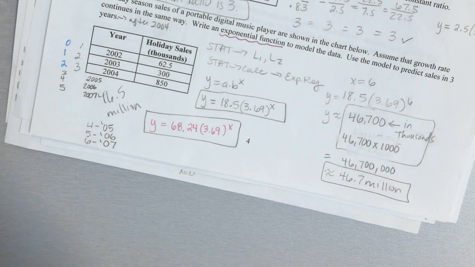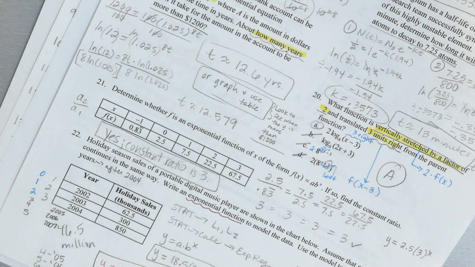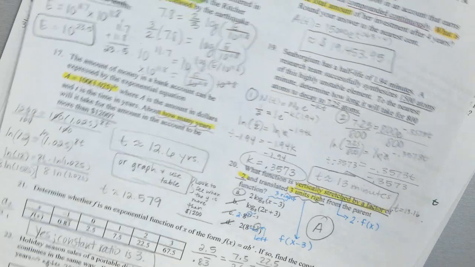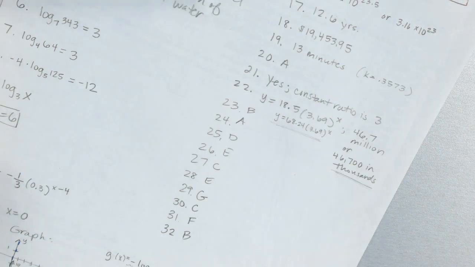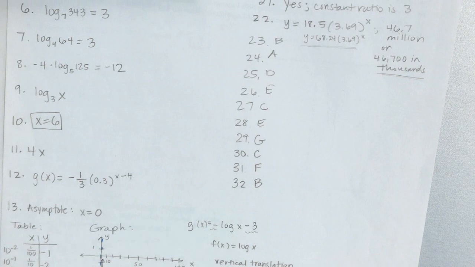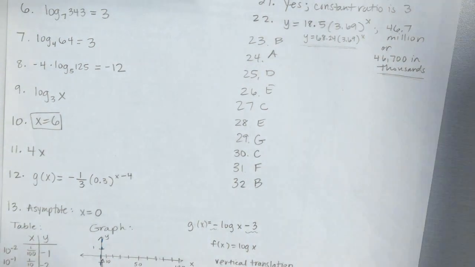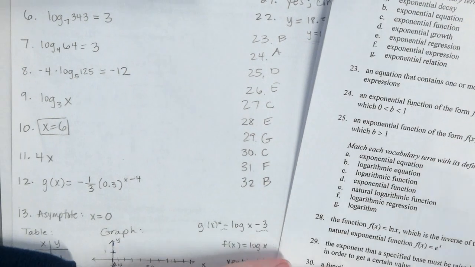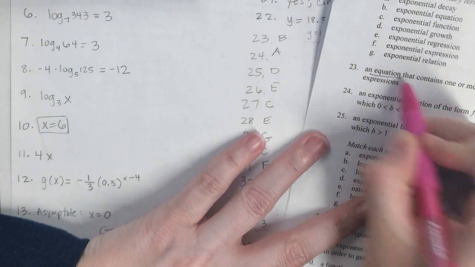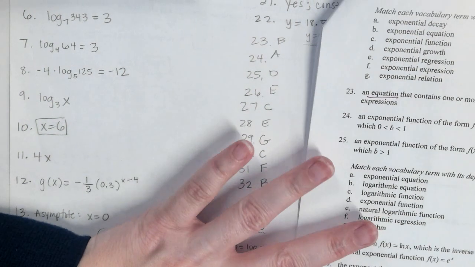All right, and then the last part we have is the vocab. Did you guys get to check your answers for that? Oh, okay. Notice that with some of the vocab, there were key words in it. So for example, for 23, it says an equation that contains one or more exponential expressions.